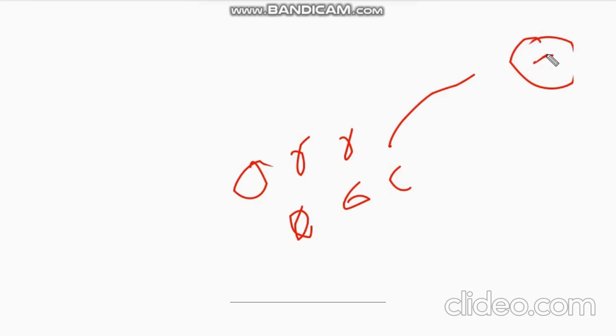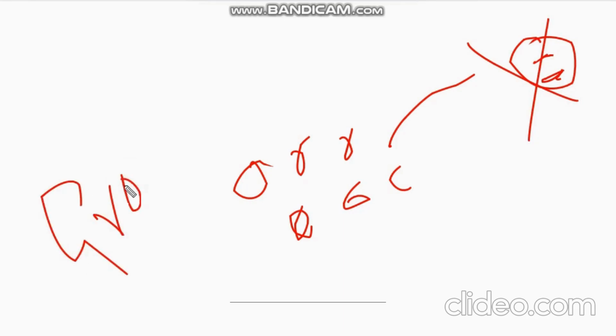They are working together as a group. That is why it is called the complement system. So this working of proteins in a group is called the complement system.